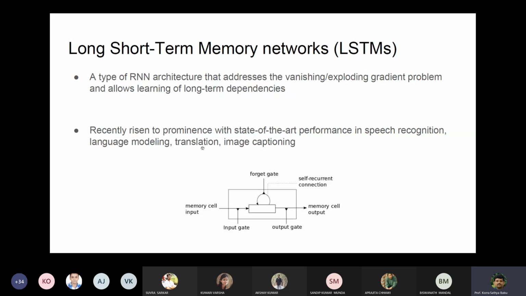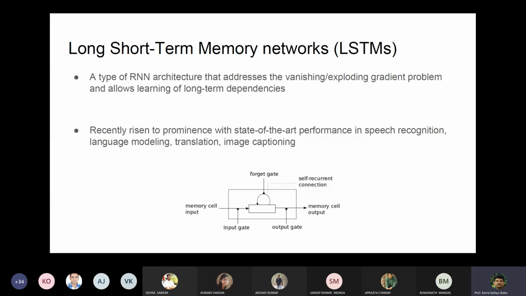Of course, there are advances which came after LSTMs also, which we are going to see. But now we are mostly concerned about these memory networks, long or short term memories. This long short-term memory basically comprises a few parts.